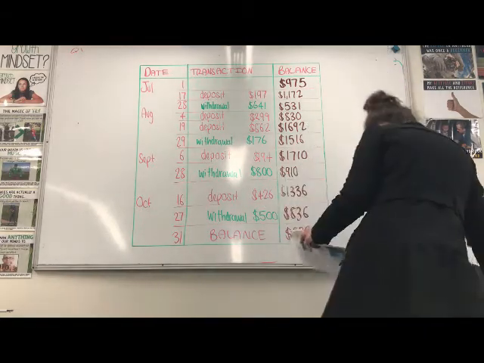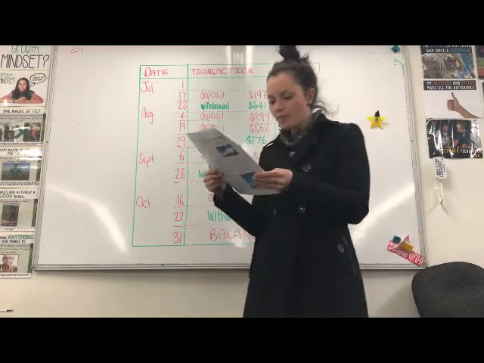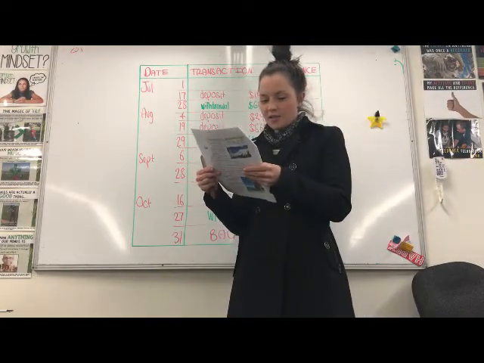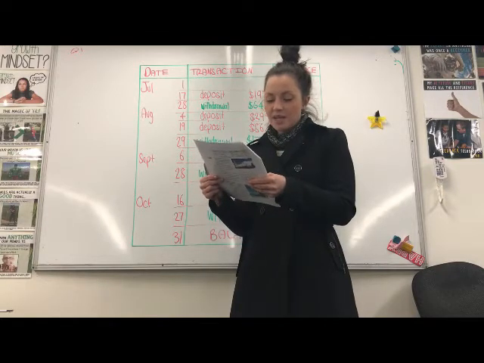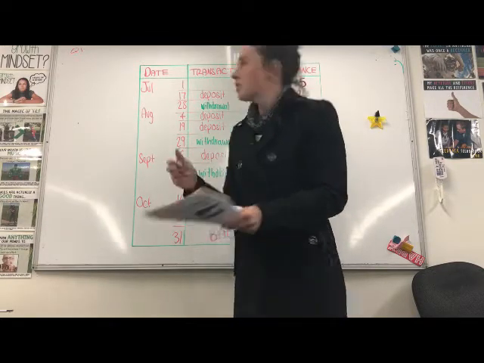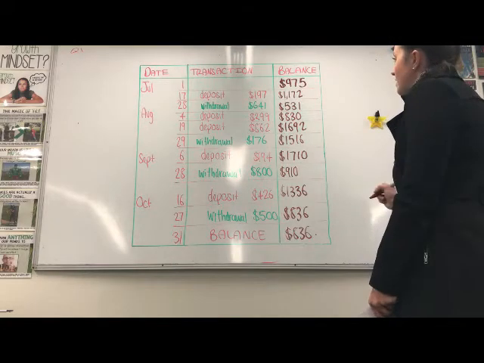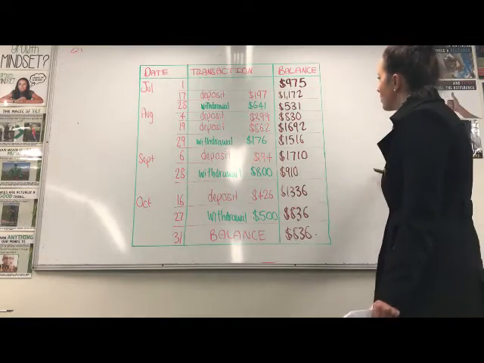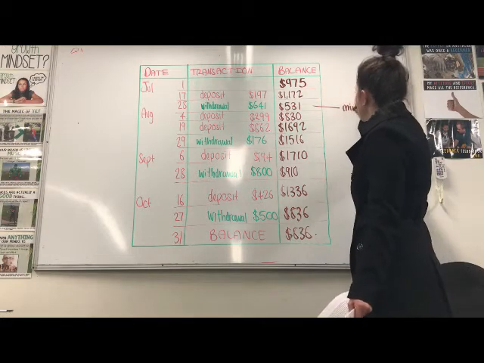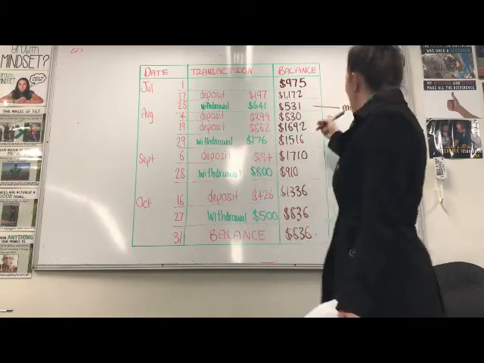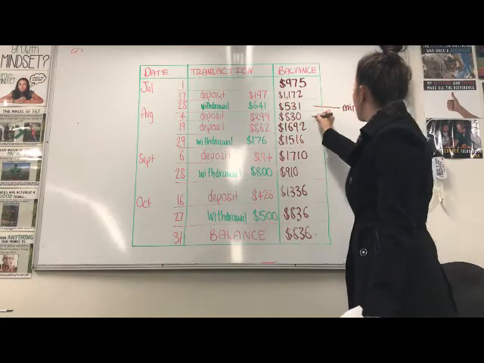Okay, so for the second question, question 19 that was A, and now we're doing B. State the minimum balance for each month. So the minimum balance for July was 531. The minimum balance for August was 830.